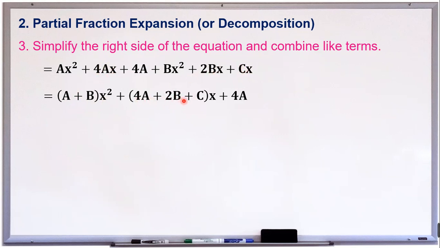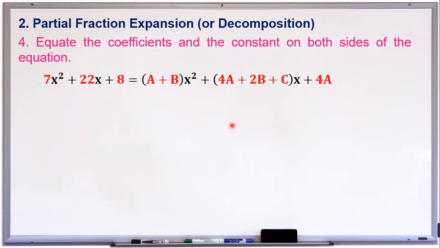Next, we're going to solve for the unknown variables. To do that, we're going to compare the two sides of the equation. On the left side, we have 7x squared plus 22x plus 8. And on the right side, we have combined all the terms that are alike. So therefore, by inspection, for the coefficient of x squared, the left side and the right side should be equal.